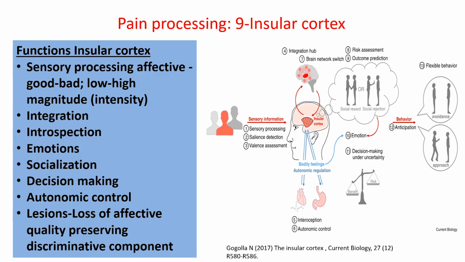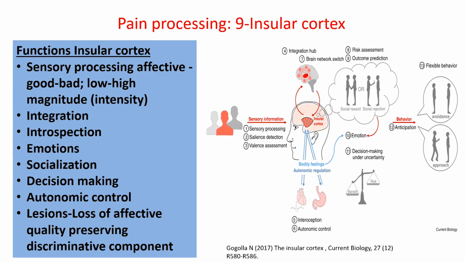In case of lesions of the insular cortex, the person loses the affective component of the pain. That means all the behavioral responses arising out of the pain are lost.